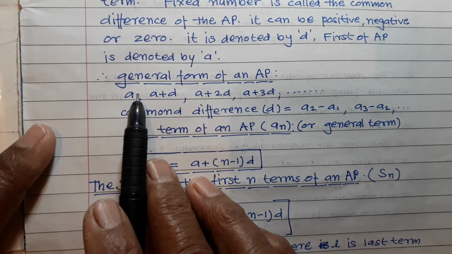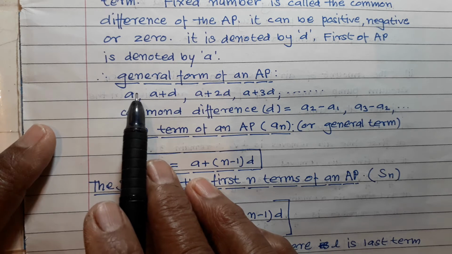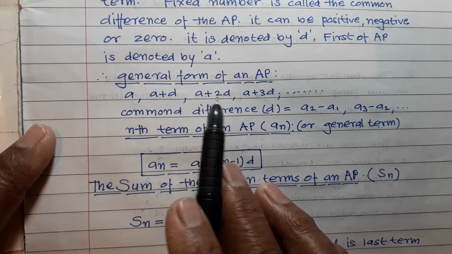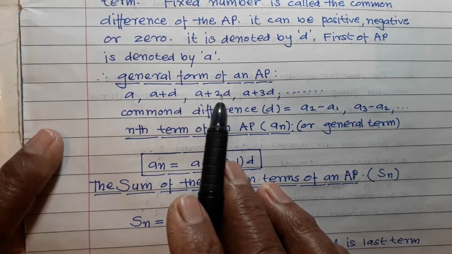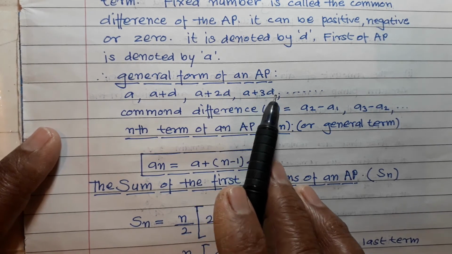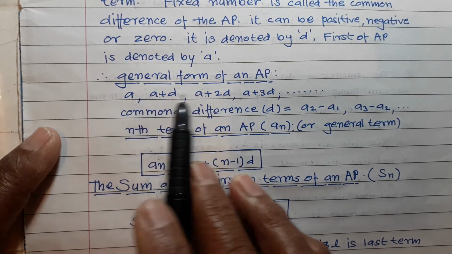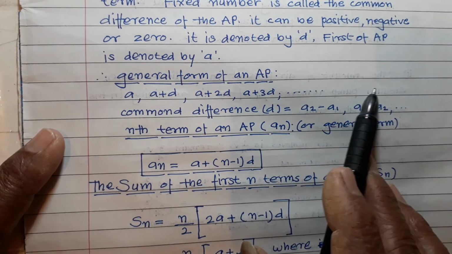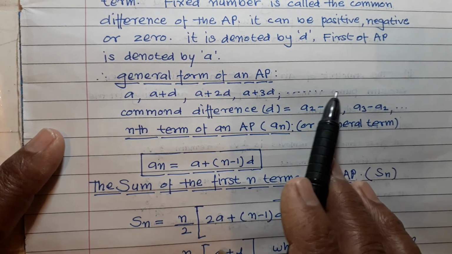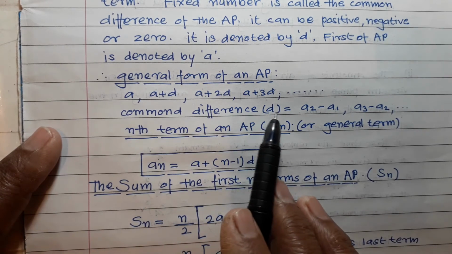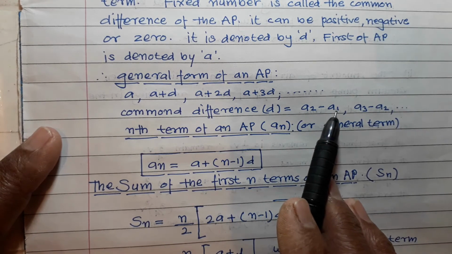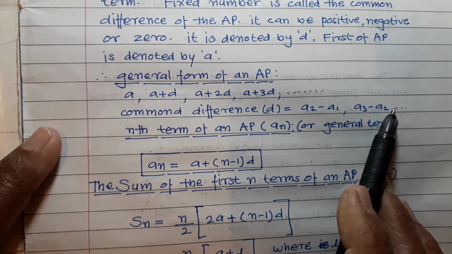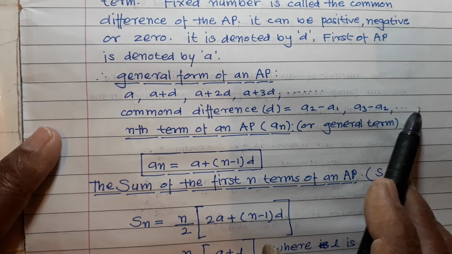Here, A plus 0D is the first term, second term 1D, third term 2D, fourth term 3D. Okay, if you observe this, then you can write down the last term of this AP. So the common difference D is equal to A2 minus A1, or A3 minus A2, or A4 minus A3, and so on.